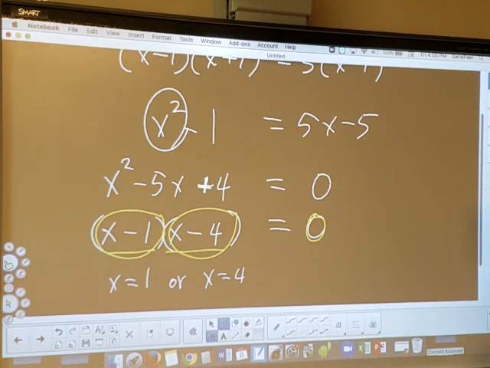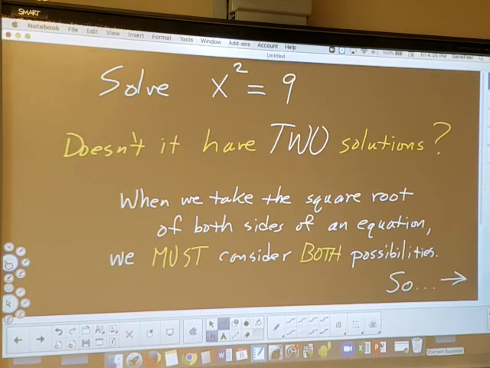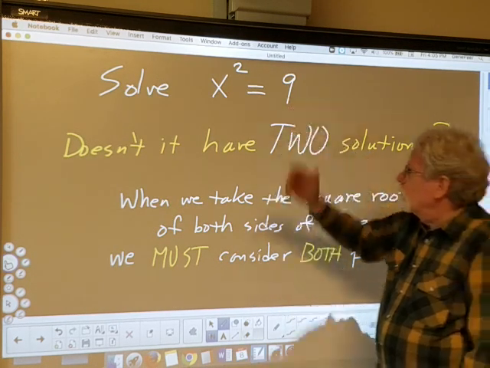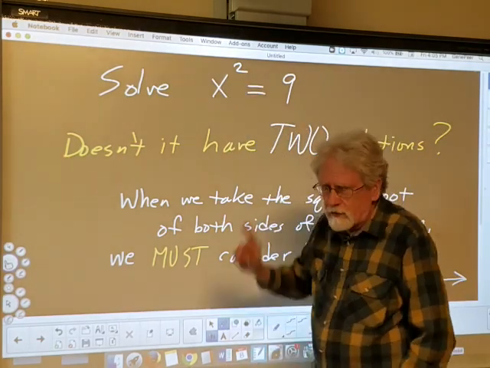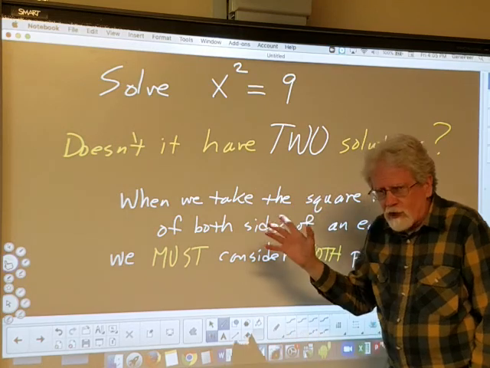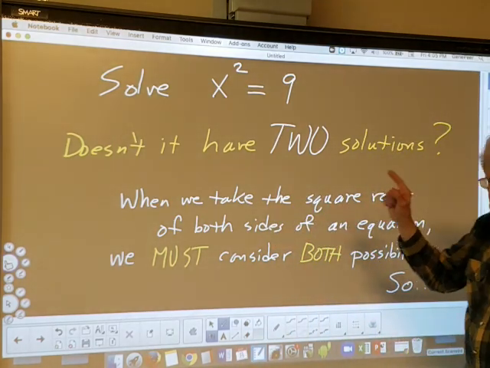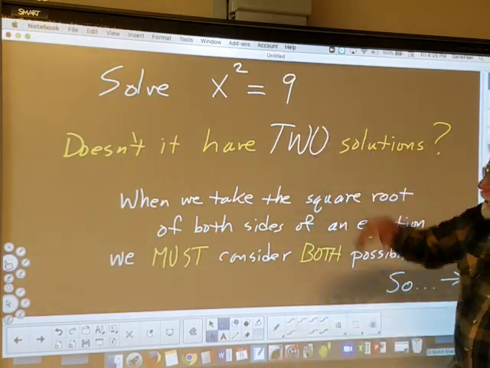All right, another example. Did I skip something? No, I didn't. Okay. All right, let's solve x squared equals 9. Now this guy, although it is quadratic, x squared, this time there's a shortcut we can take. We don't have to get everything on the left side.